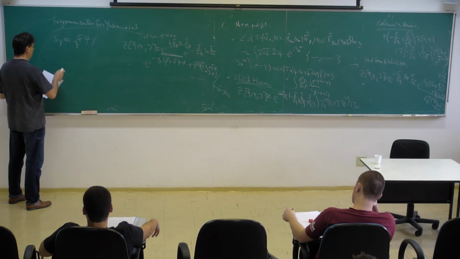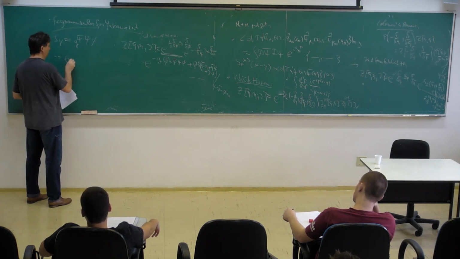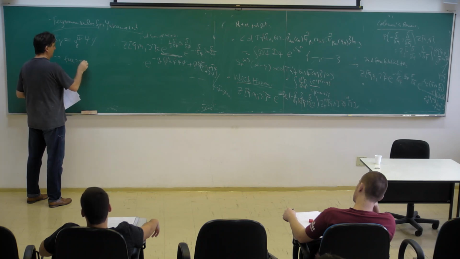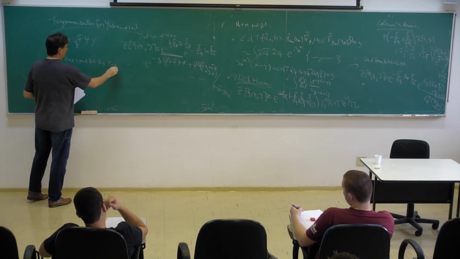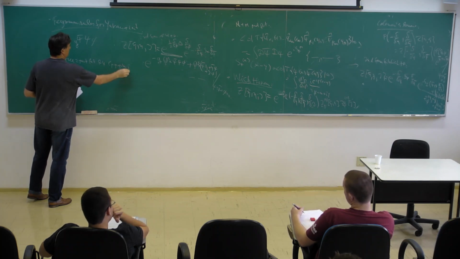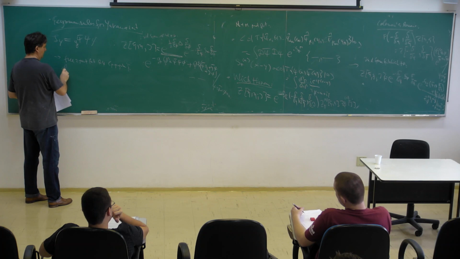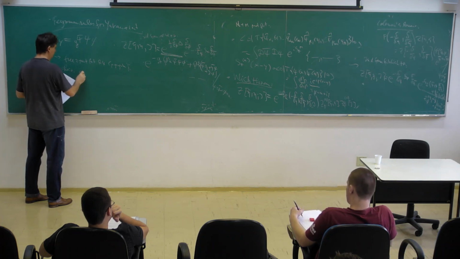And then, for instance, if I want to check the free two-point function for the fermion, that is the propagator, let's check that we get it.